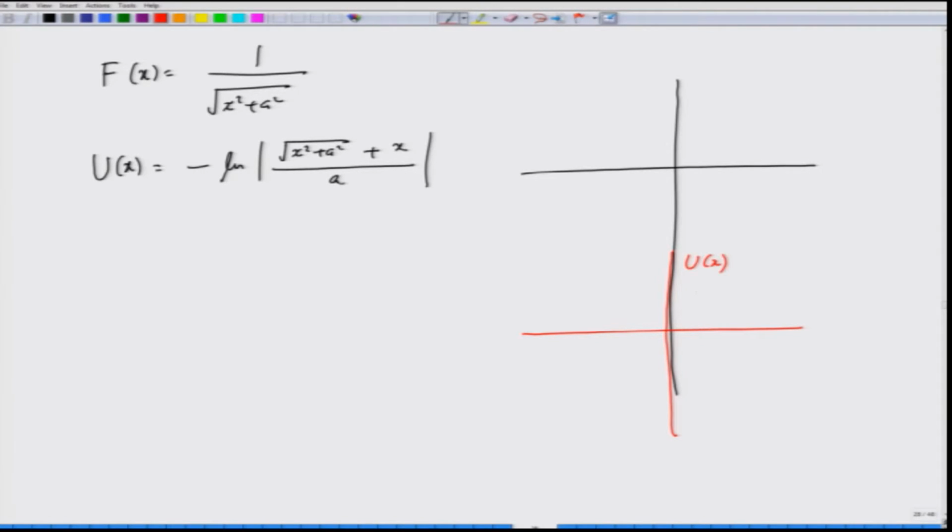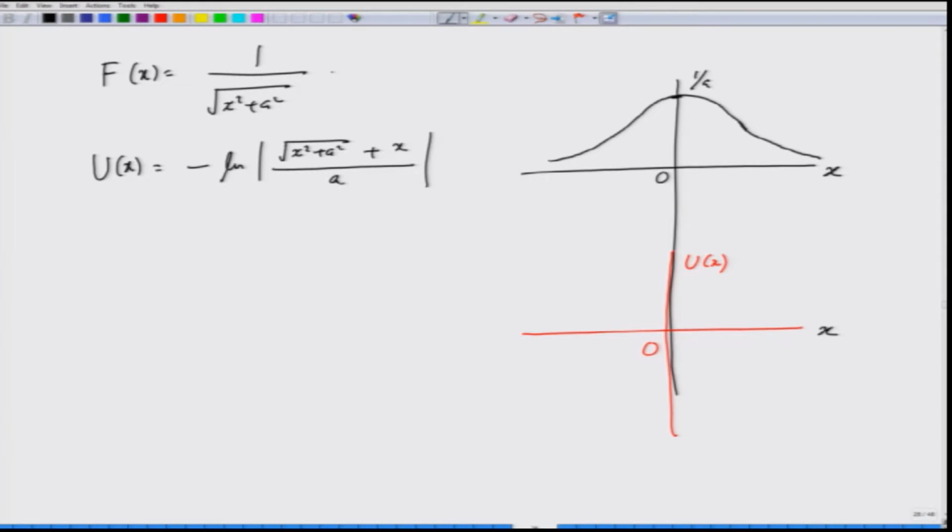ux 0 here, and the force is 0 here, this is x, this is x. The force is maximum at x equals 0 and is 1 over a, and as you go away it goes down like this. Far away it will have a behavior of 1 over x.